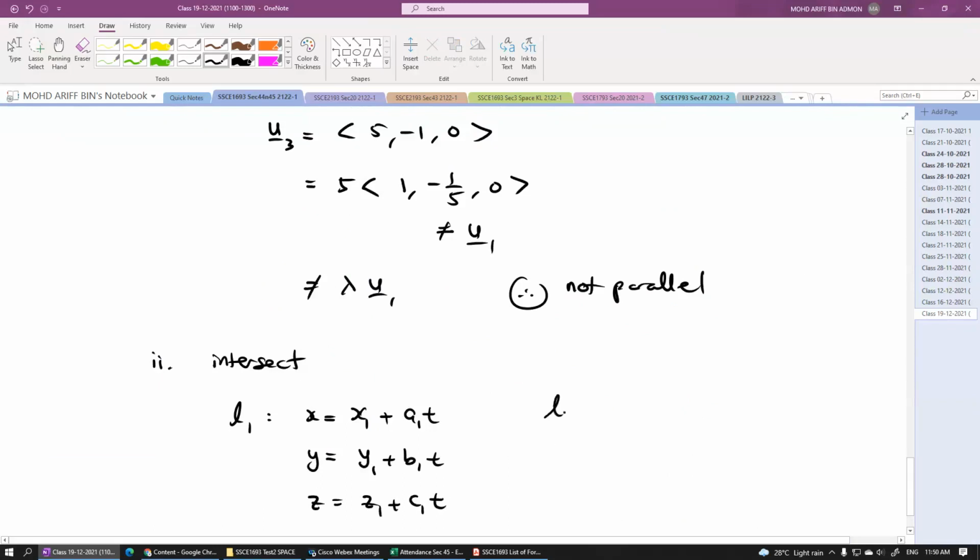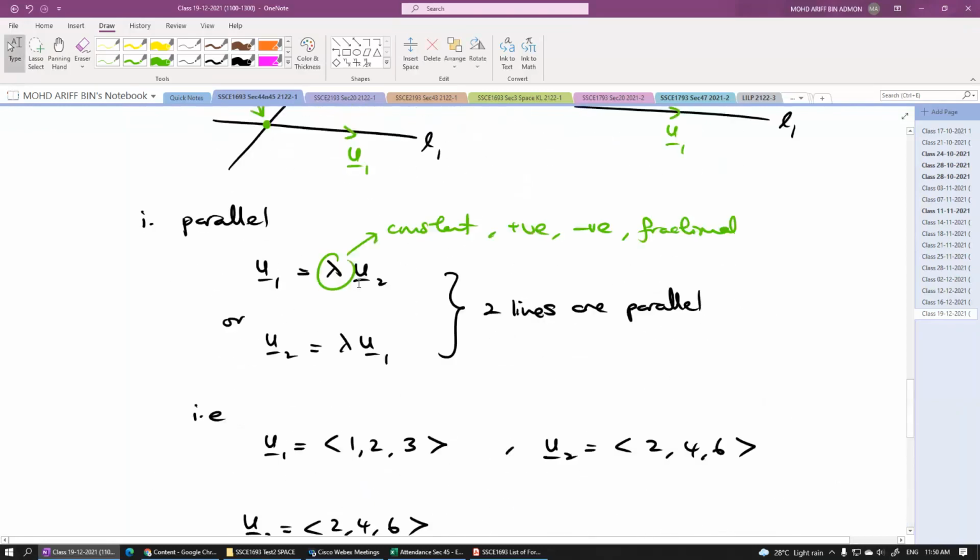For line 2, write in the parametric form: x equals x2 plus a2s, sorry, we use a different parameter, s, for example, y equals y2 plus b2s, z equals z2 plus c2s. If you are having different lines, please use different parameter symbols. One is t, another one is s.